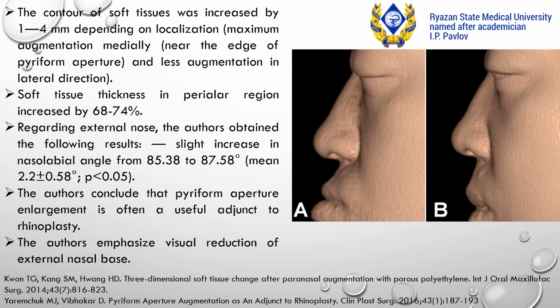So the authors conclude that piriform aperture augmentation is often a useful adjunct to rhinoplasty. Yaremchuk and Vibhakar, in contrast to the previous report, didn't see any problem in external nasal base enlargement. Moreover, they emphasize visual reduction of the external nasal base.